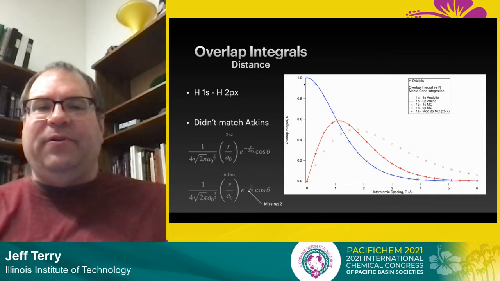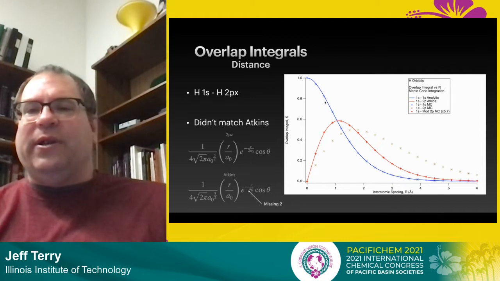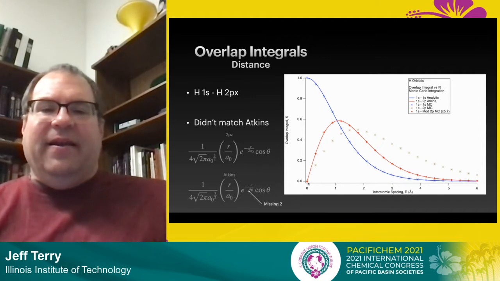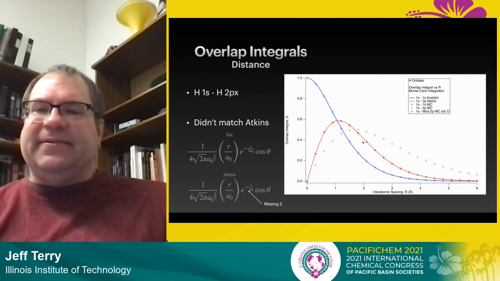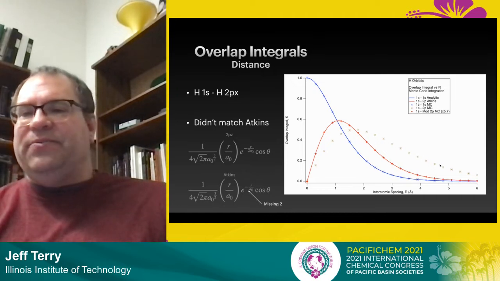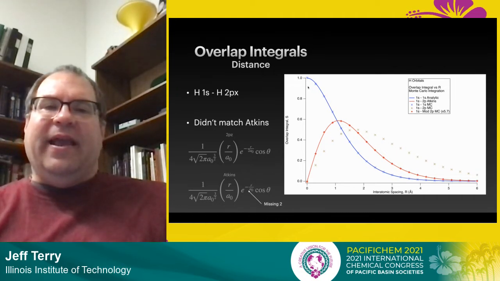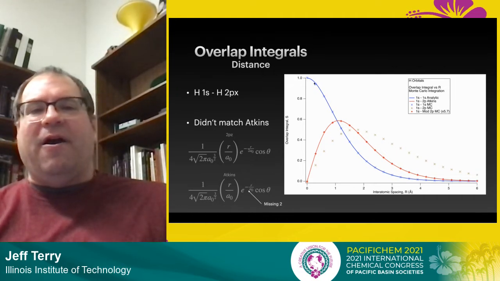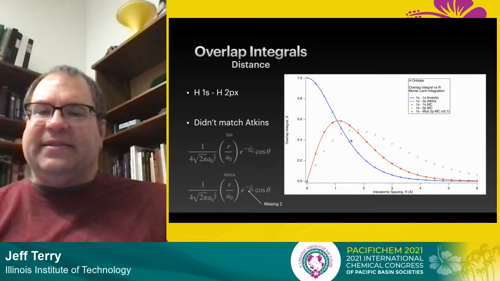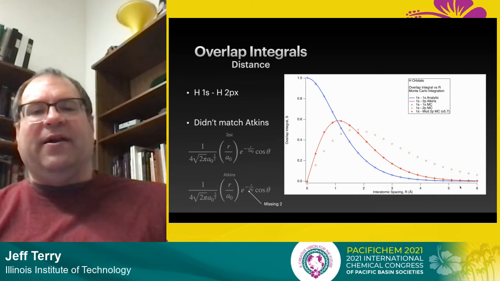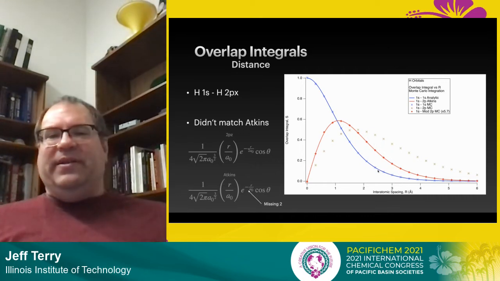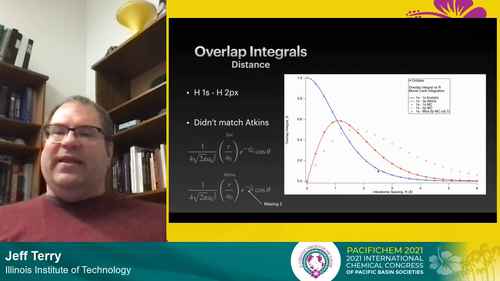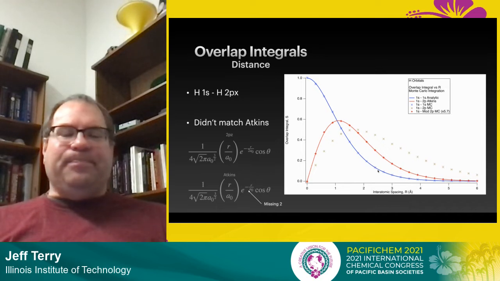The solid blue line is the 1s analytic. The red solid line is the 1s2p from Atkins. The yellow stars are our 1s2p calculation, and the blue stars are our 1s Monte Carlo calculation. So we had great agreement on the 1s, but we didn't have agreement on the 1s2p.